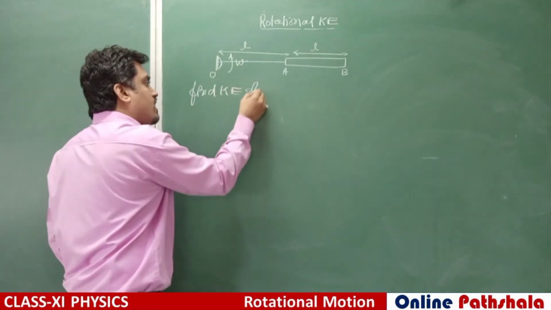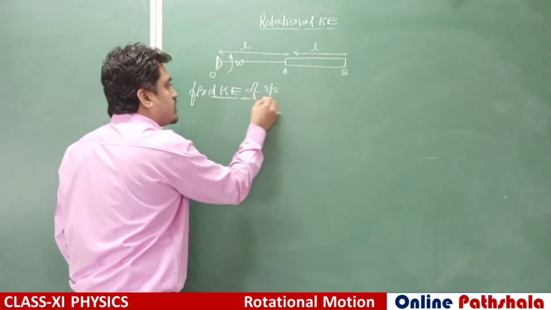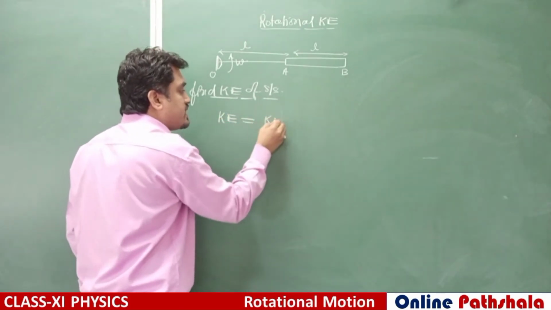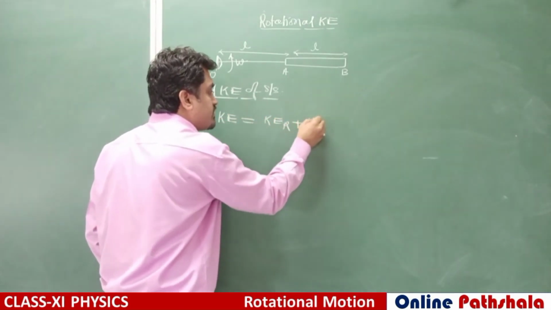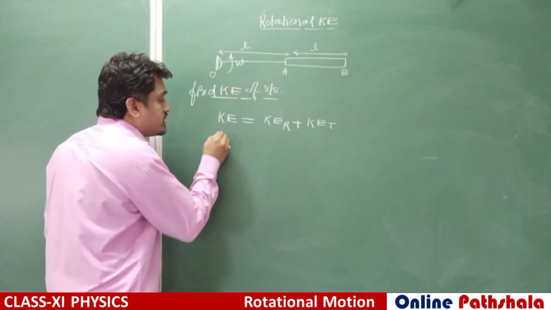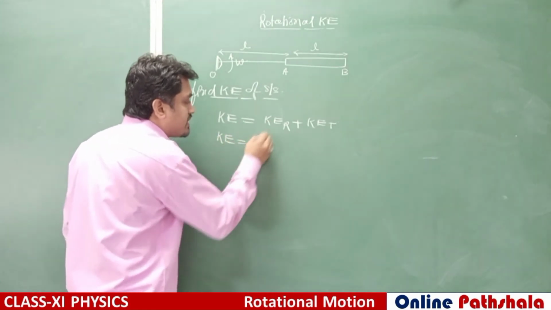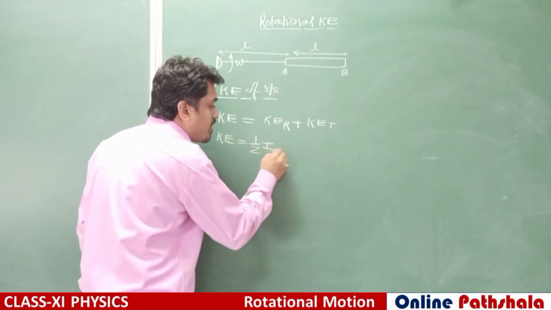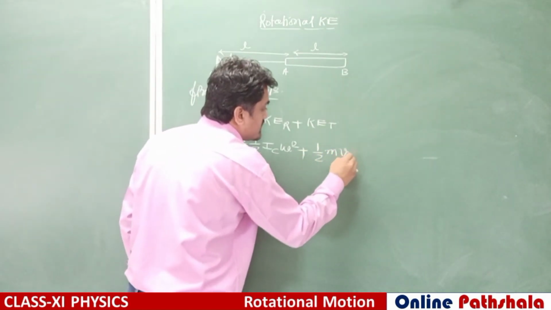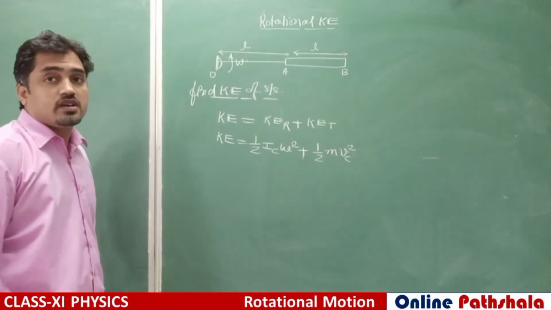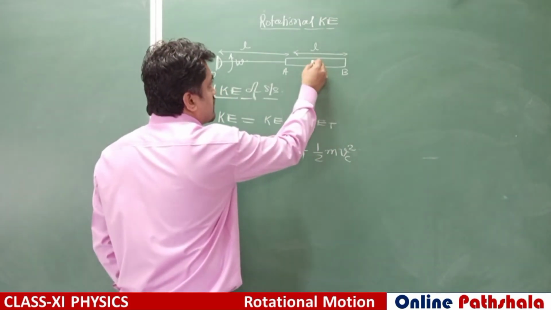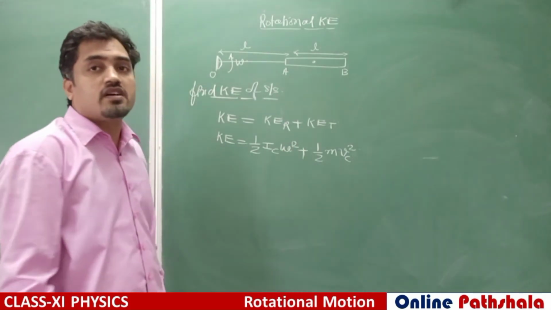You know very well the kinetic energy is kinetic energy for rotational motion plus kinetic energy for translatory motion. So the kinetic energy is half I about c omega square plus 1 by 2 m Vc square. What is Vc? Where should the center of mass of the system be?